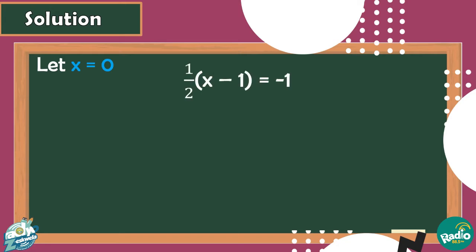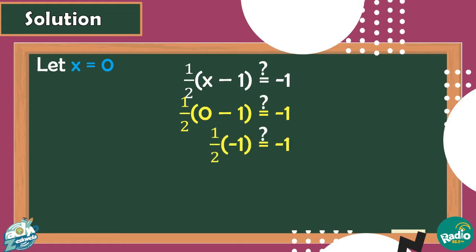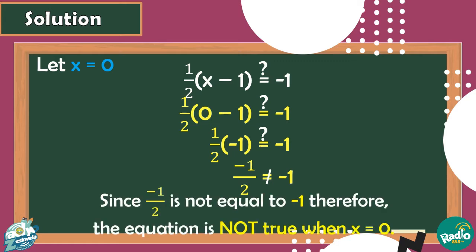Copy the given equation, substitute the value of x, which is 0, simplify, and the equation becomes negative 1 over 2 is equal to negative 1. Is this true? Since negative 1 over 2 is not equal to negative 1, therefore, the equation is not true when x is equal to 0.